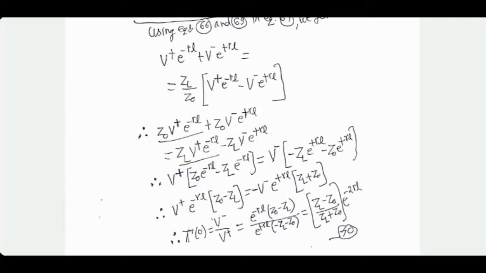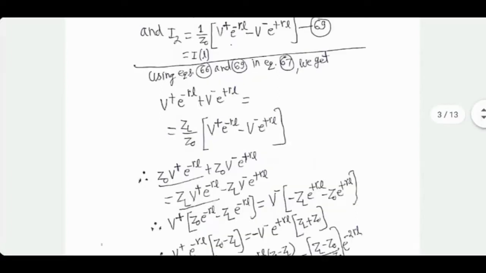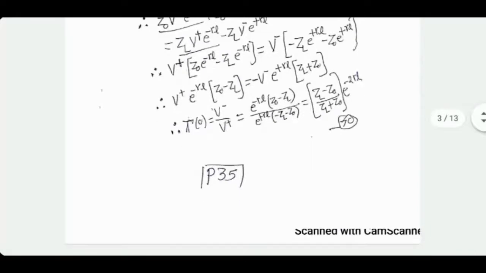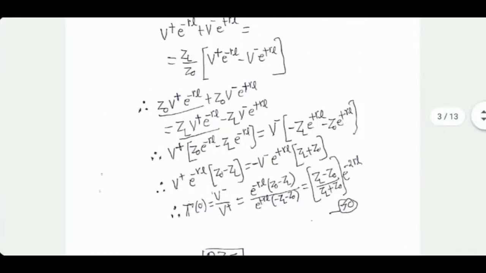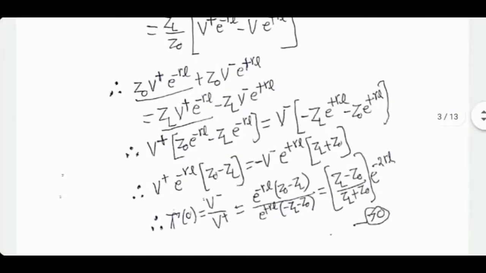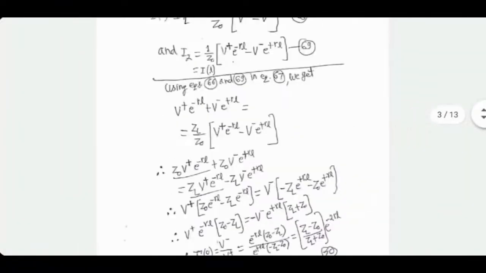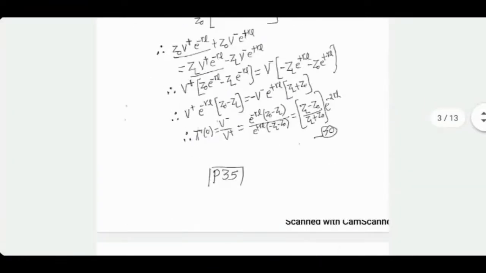So if you simplify the result that you get using Ohm's law along with the two equations of V2 and I2, V minus upon V plus ratio turns out to be given here. It turns out to be ZL minus Z0 divided by ZL plus Z0, and the entire thing multiplied by e to the power minus 2 gamma L. This is equation 70, I think.